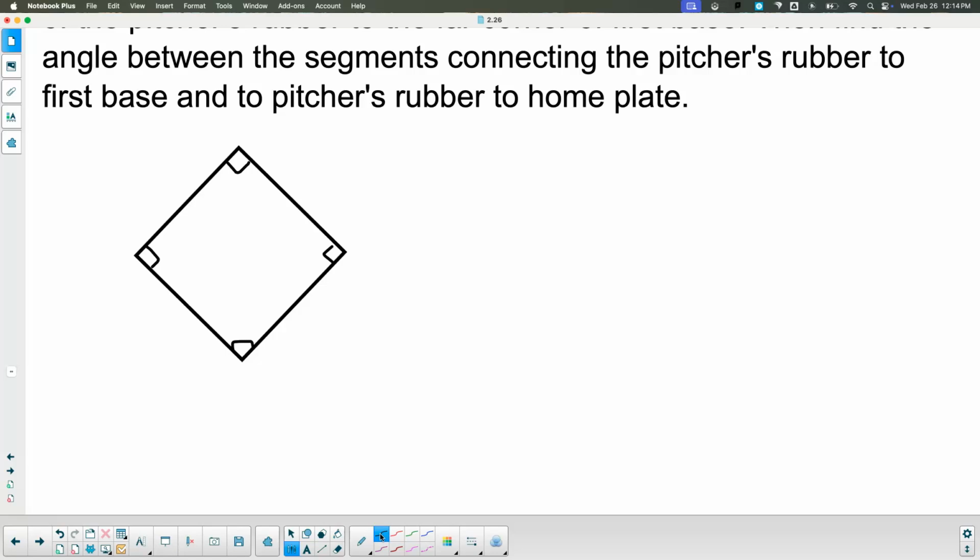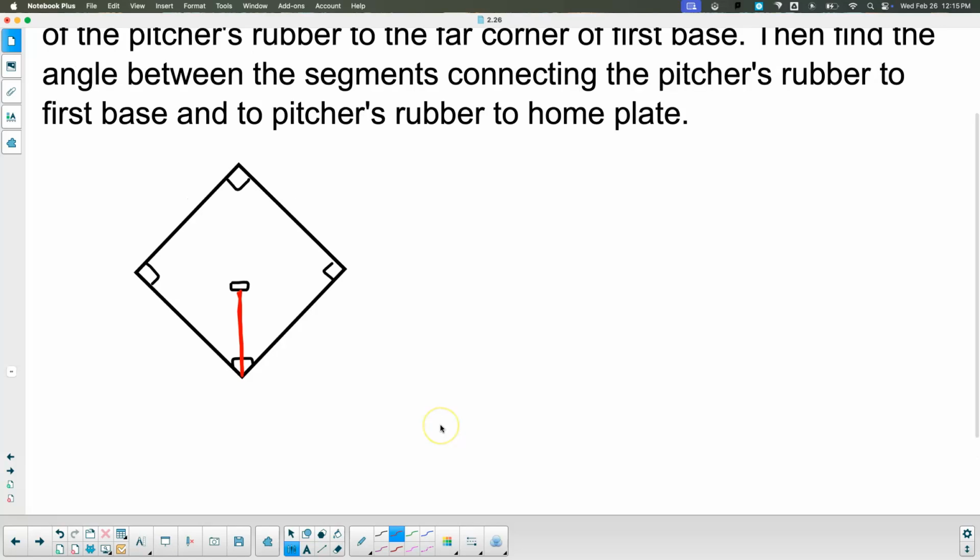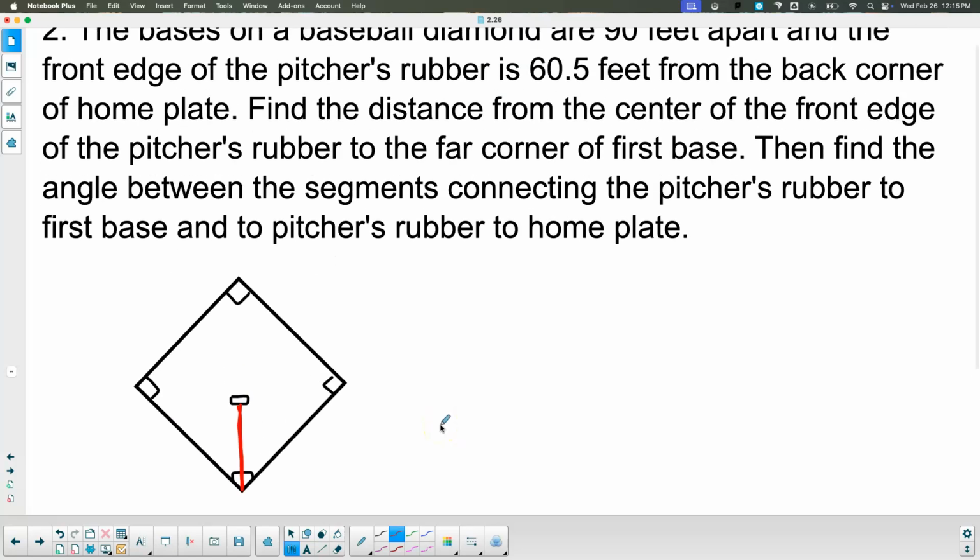Then you've got the pitcher's rubber right there. What this was saying is that this distance here was how much? What was it saying? Oh, I suppose I've got to scroll up. I thought you guys had it written down in front of you. 60.5 feet.